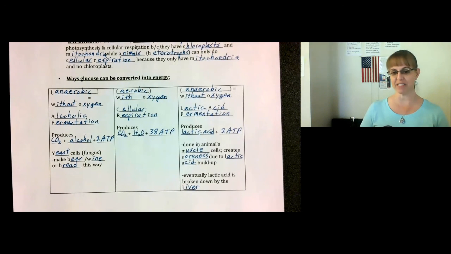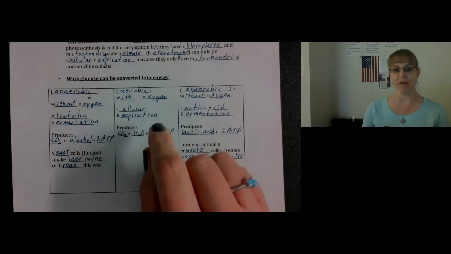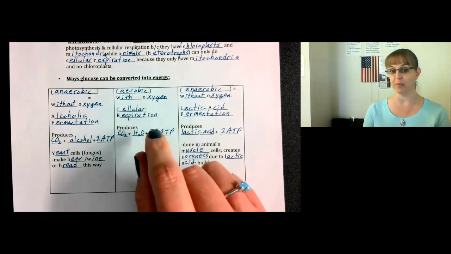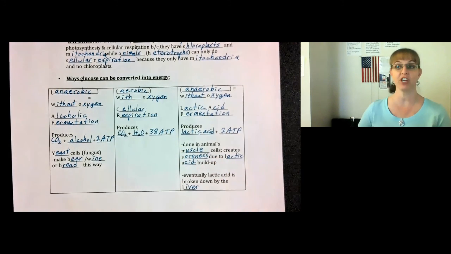Well, yes, it does make 38, but it had to use 2 ATP to get the reaction started. So yes, 38 are produced, but if you subtract those 2, then okay, a net production of 36 ATP.